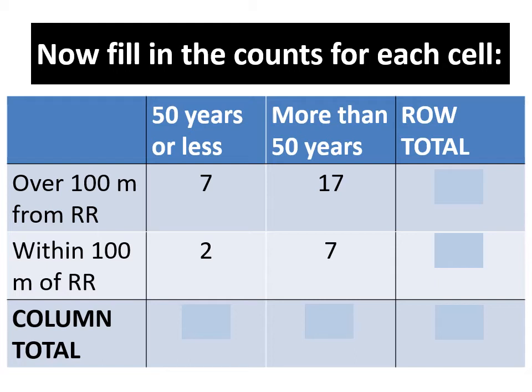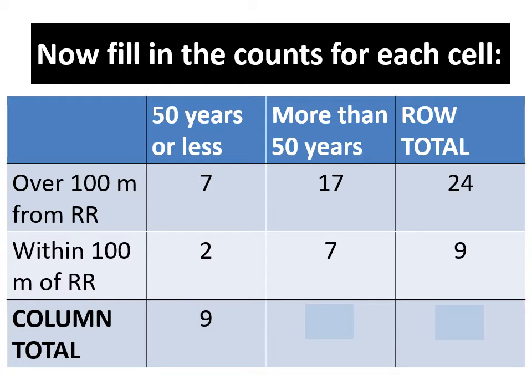We then want to add to get our row and our column totals. So there are 24 houses that are over 100 meters from the railroad. There are 9 houses that are within 100 meters of the railroad.